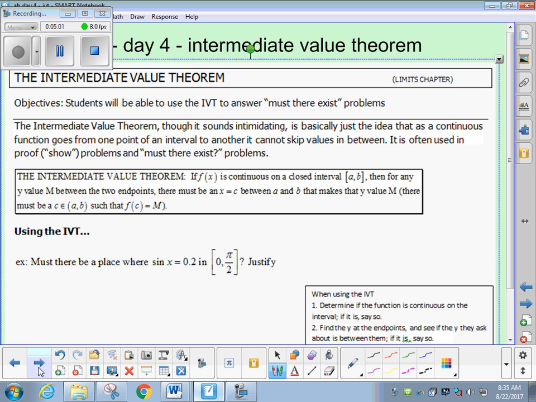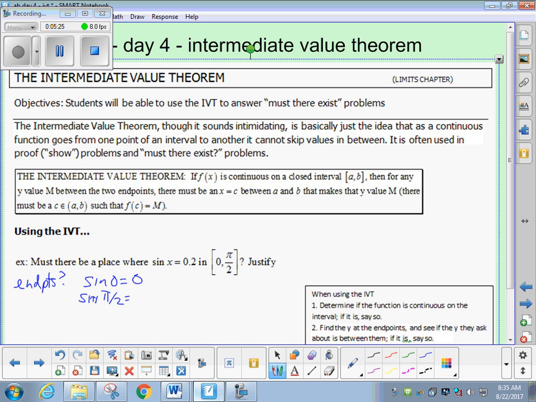First of all, you want to know what it's like at the endpoints. Let's go with, where is sine at 0? What's sine of 0? 0, okay? What's sine of pi over 2?